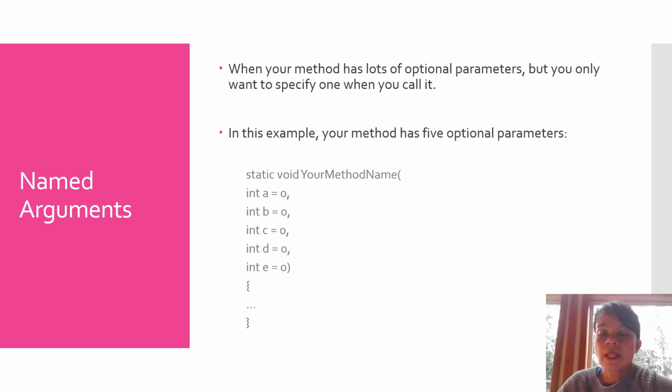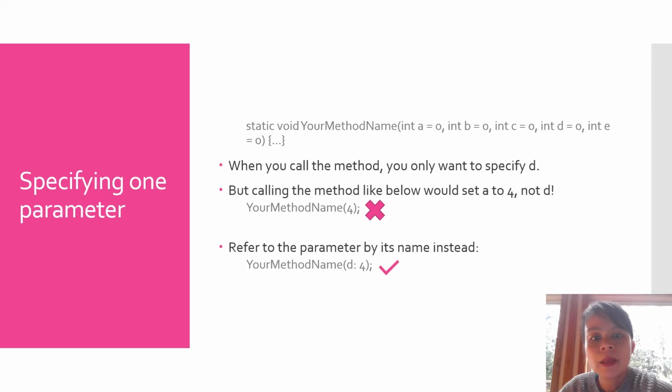So when your method has lots of optional parameters, but you only want to specify one when you call it, in this example, let's say your method has 5 optional parameters like A, B, C, D, and E. So here you have the default A is 0, B is 0, C is 0, D is 0, E is 0.